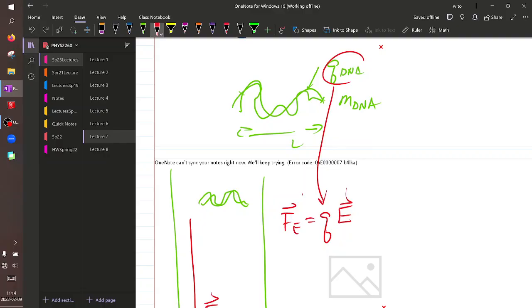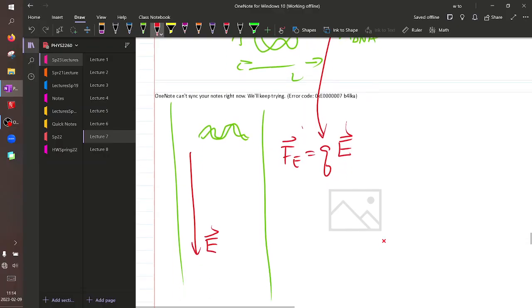And if you exert a force on something, that's going to create a mass times acceleration. A force is going to create an acceleration depending on the mass of that object. So when you're doing DNA identification, you know this piece.